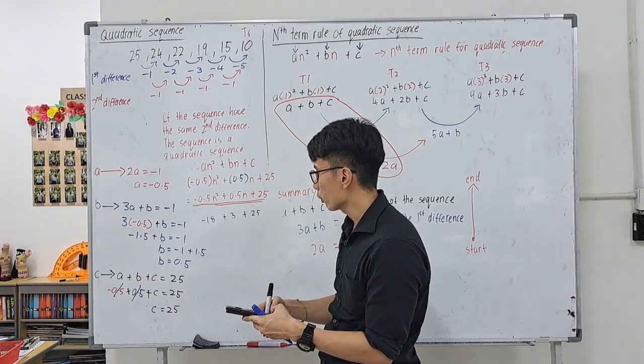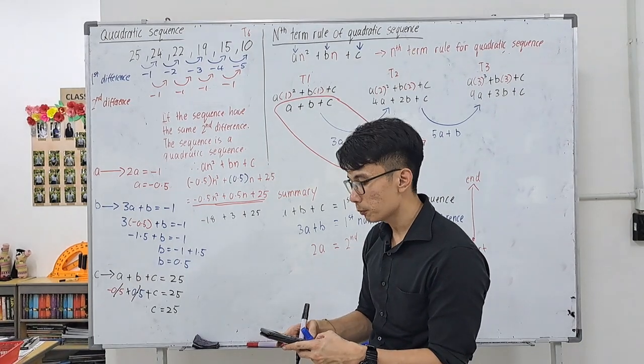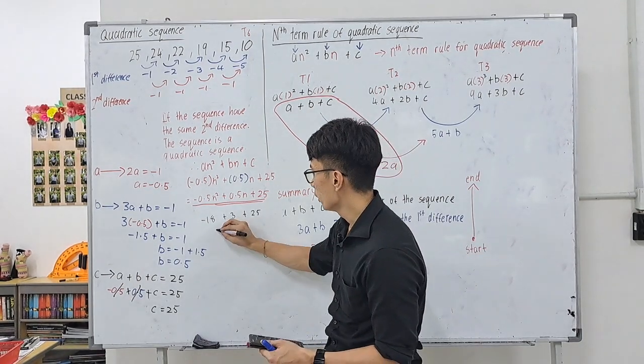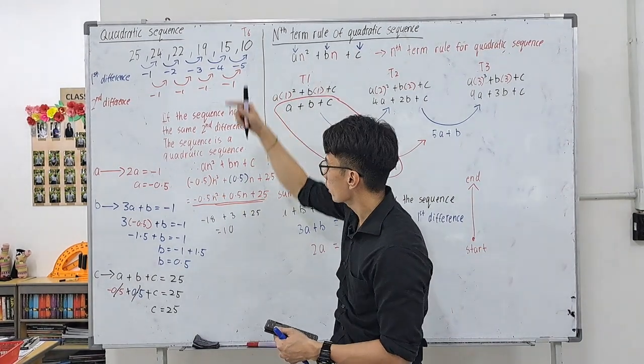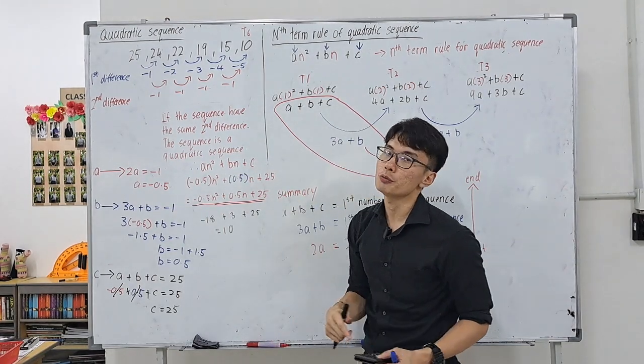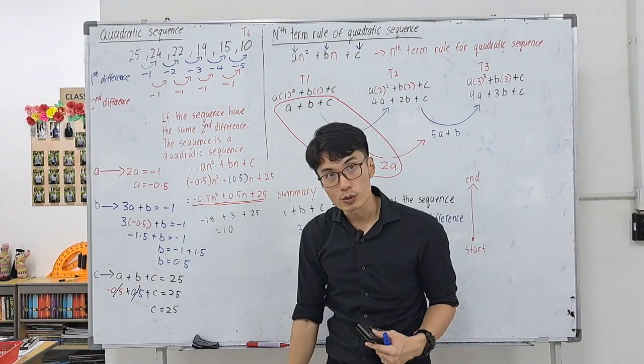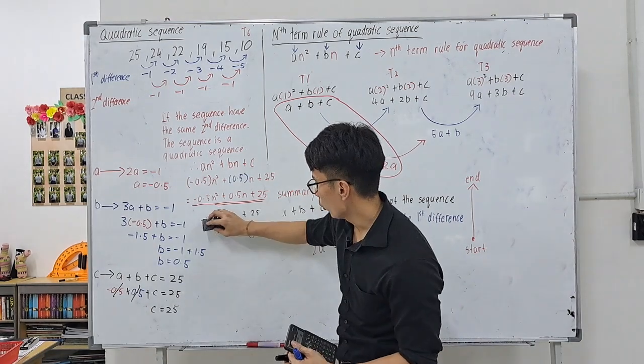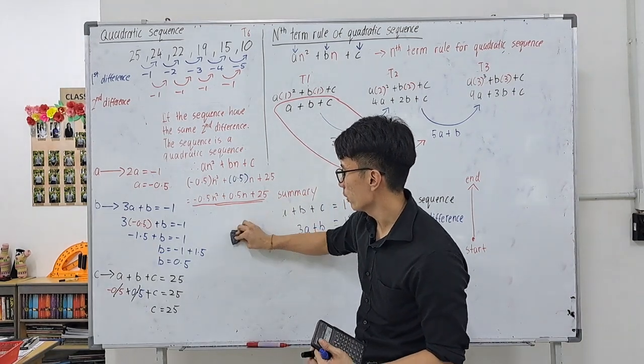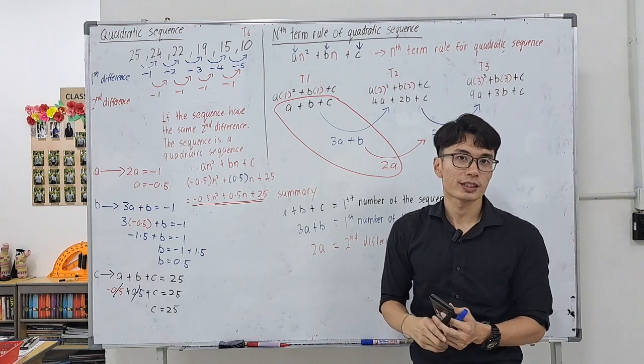If you work this out very quickly, negative 18 plus 3 plus 25, and true enough, this gives me 10. Okay, which means that this n-term rule is correct for this sequence. I hope with this you have understood how to find the n-term rule of a quadratic sequence.